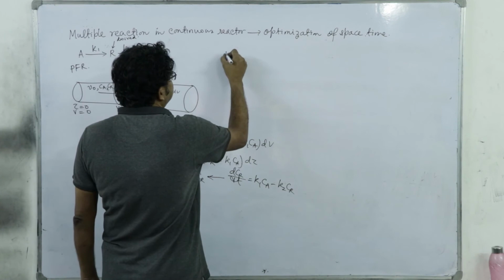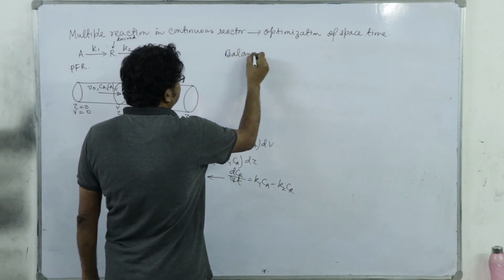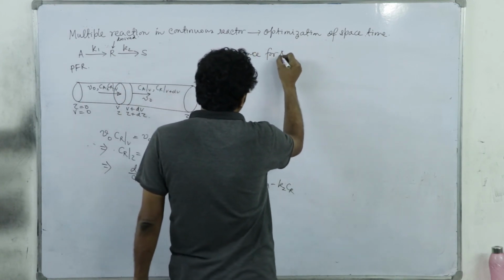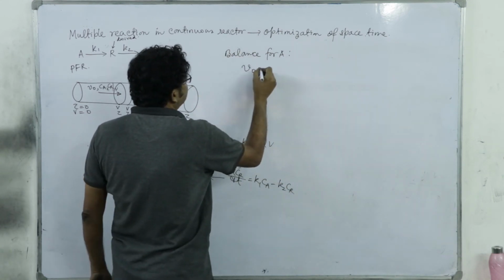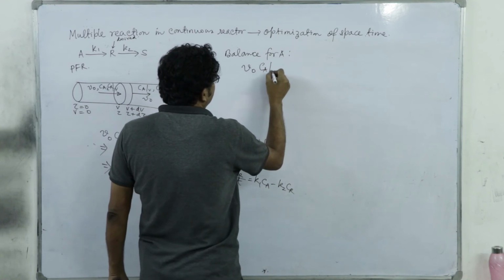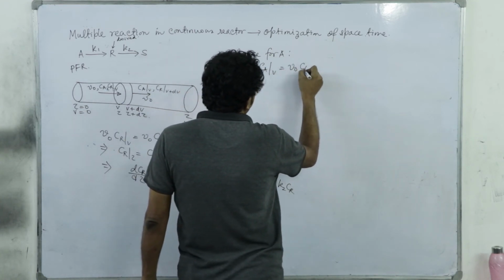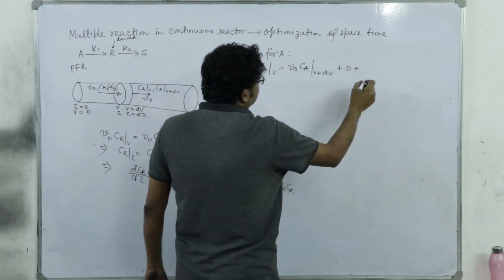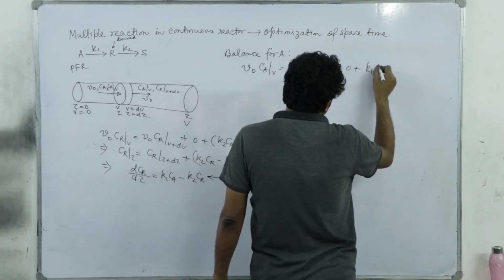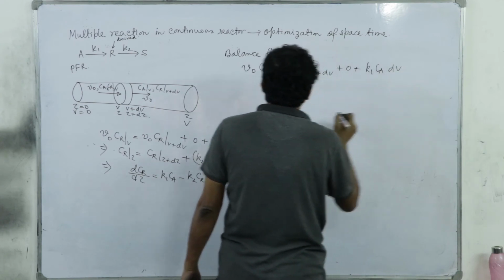So here balance for A, it will give you what? V naught into Ca at V, V naught into Ca at V plus dV, accumulation is 0, disappearance by chemical reaction K1 Ca into dV.